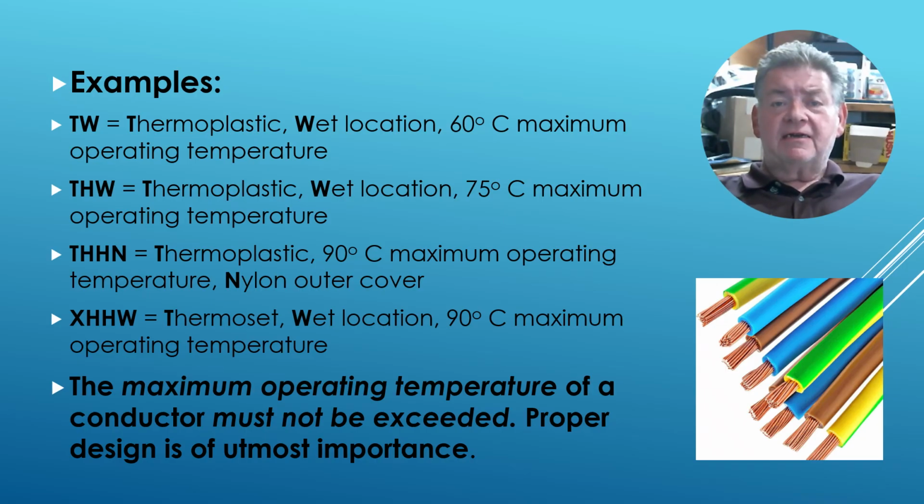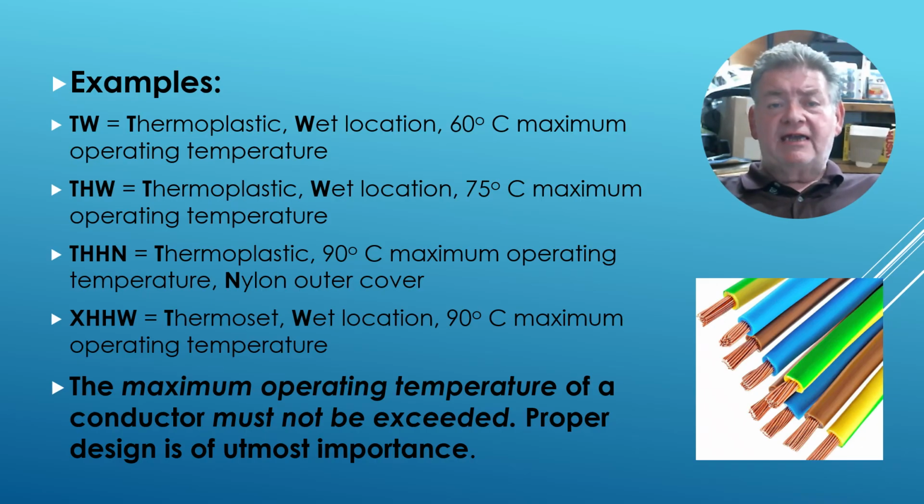If we see a conductor designate THW, what do we know about that wire? Well, we know the insulation is thermoplastic. There's one H, so we know it has a 75 degrees C, 167 Fahrenheit maximum operating temperature.